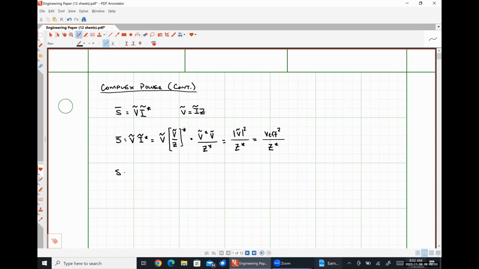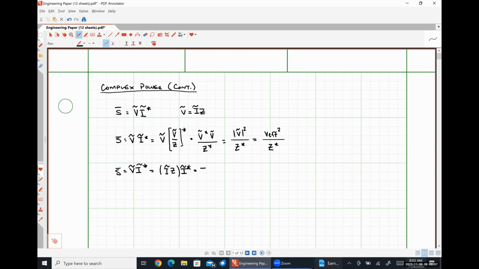In terms of current, we would have the following relationship. So S is going to be V times I conjugate. Using Ohm's law, V can be expressed as I times Z. Sorry, brain isn't working this morning. Times I conjugate.